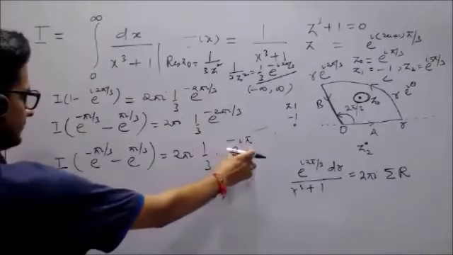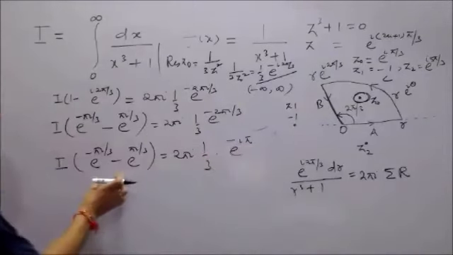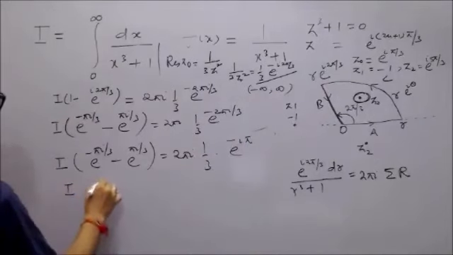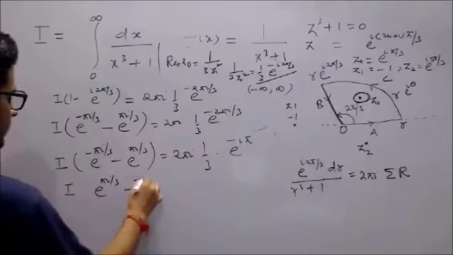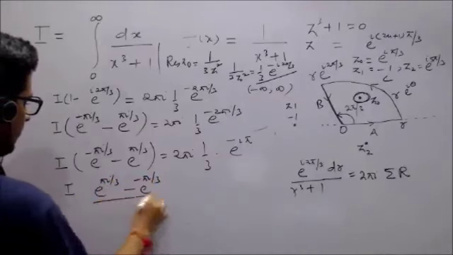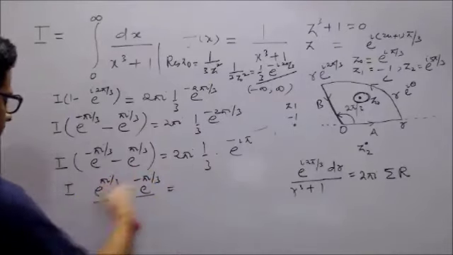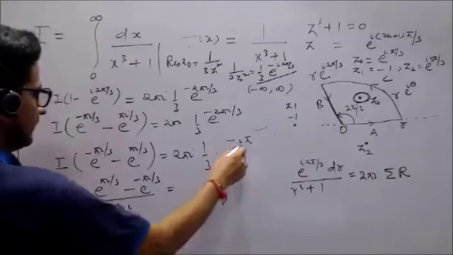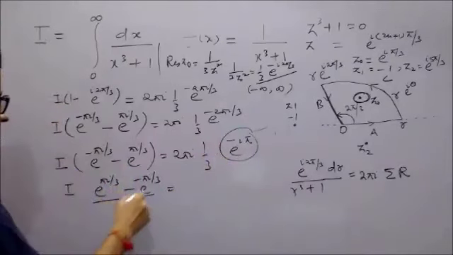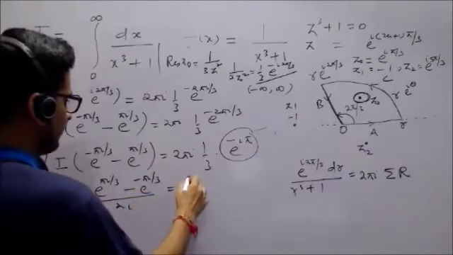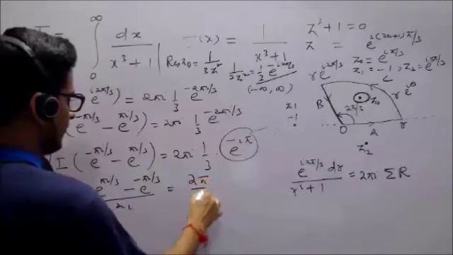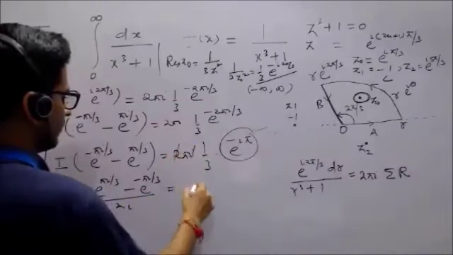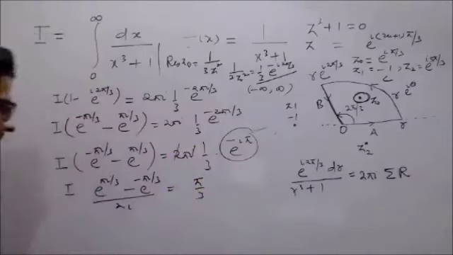This will become minus. It will come here and 2i will also come here. So it will become I times e to the power pi I by 3 minus e to the power minus pi I by 3 over 2i. 2i has gone this side. And what will this become?